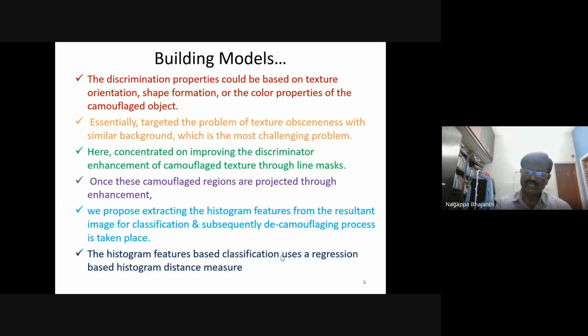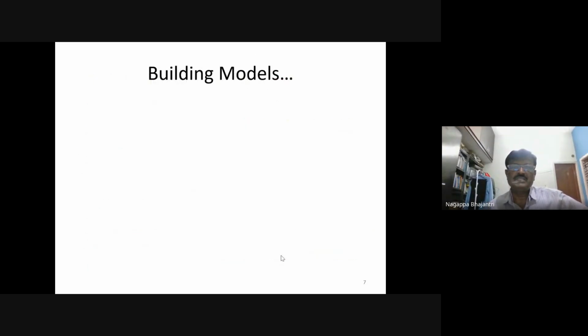Those lines will help us identify the camouflage portion, to mark or segment it. These two regression lines will definitely help us by getting a distance between them with similarity measures, maybe city block, Euclidean distance, Manhattan, or plenty of formulas, or Dirichlet distance. Using them, we can find the distance between these two histogram lines, and it will help us discriminate them. So let me show that.